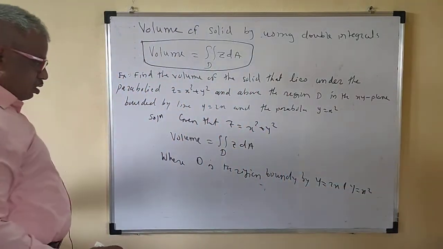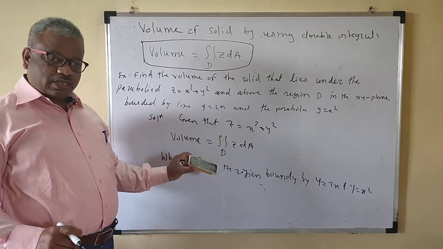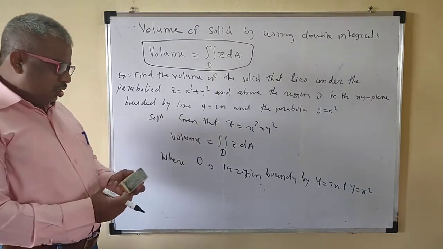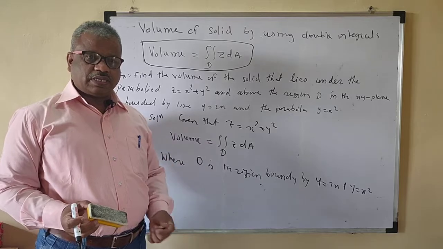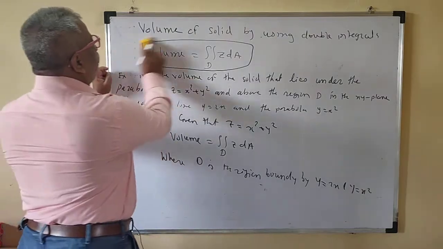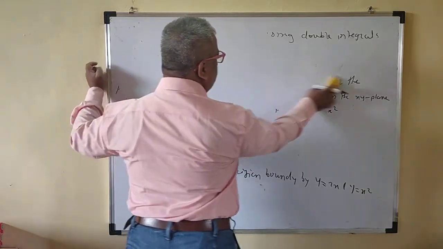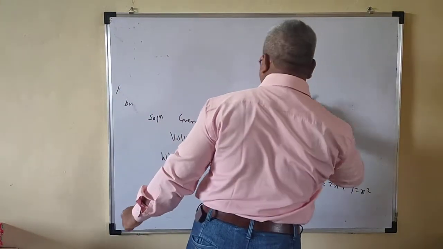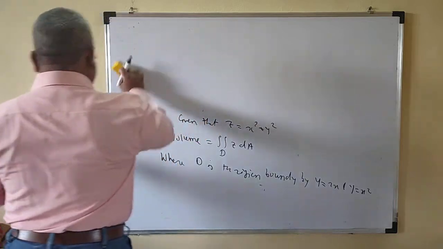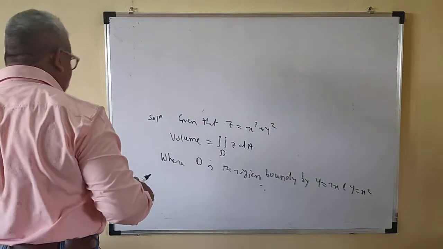So you have to use the double integral over the region D. That means you have to draw the region and find the limits of x and the limits of y.